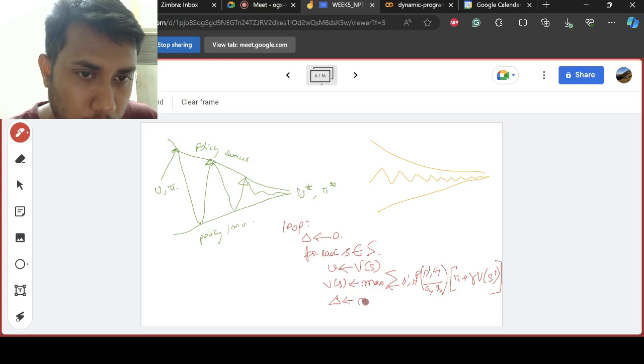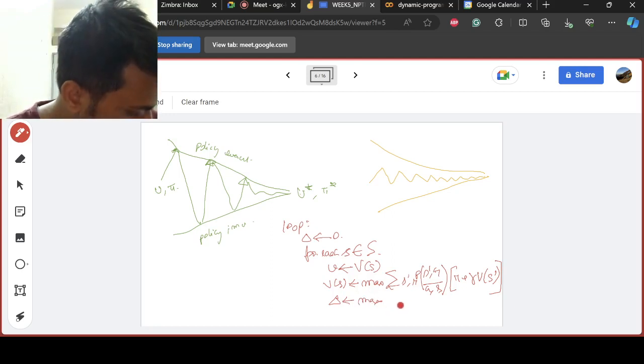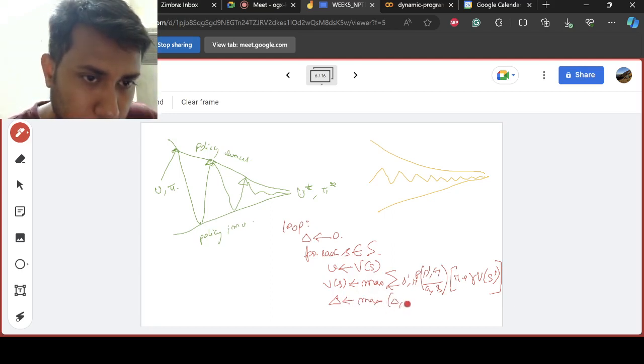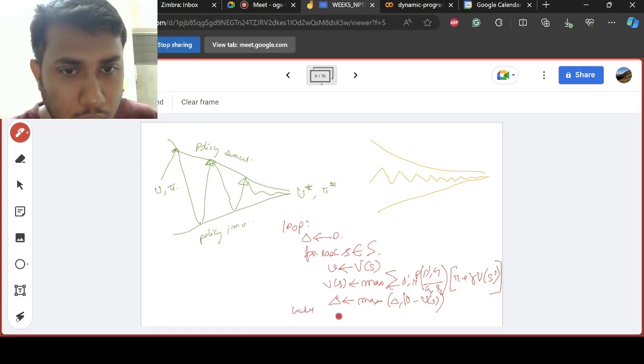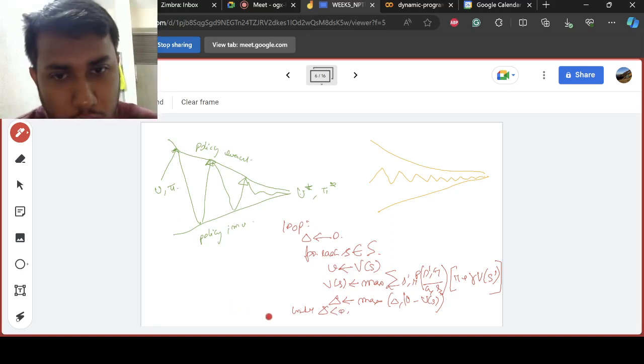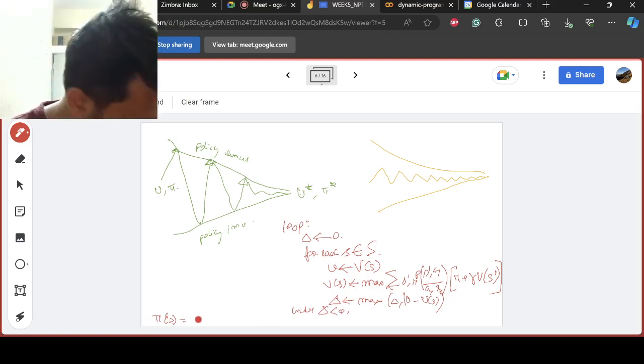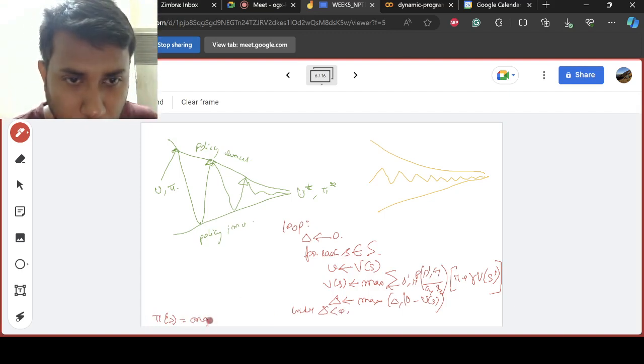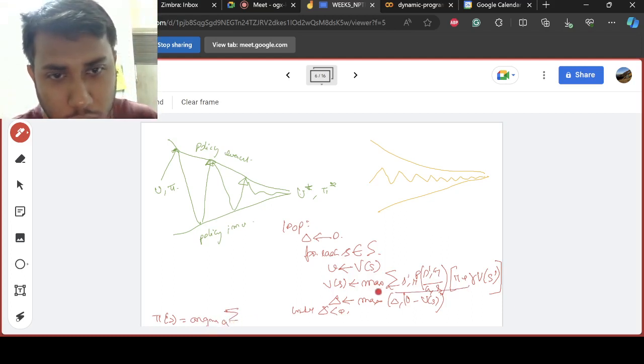Theta is equal to max of delta comma the absolute difference of v minus V of s, until theta is less than a small threshold, and pi of s is equal to argmax over a, this thing again here.